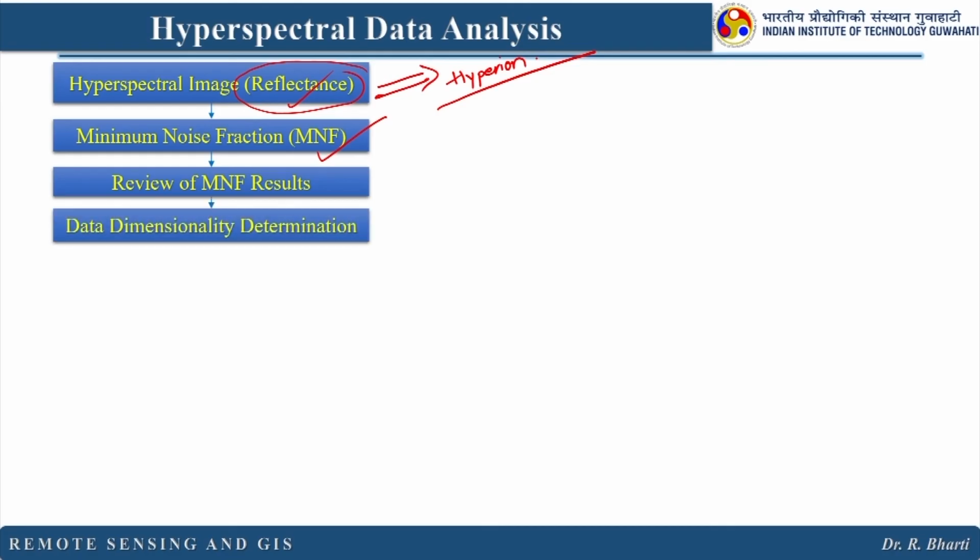Then once you do that, using this MNF, you can identify the unique information available in the different bands, by which you can always reduce the data dimension, right. So maybe you might have captured 100 bands in hyperspectral data, but since they have redundant information, we reduced the number of bands to those which had only unique information.